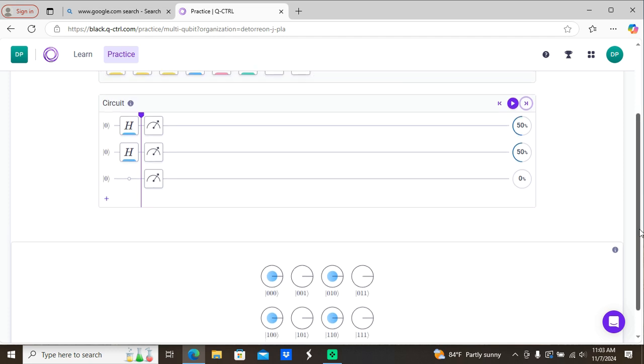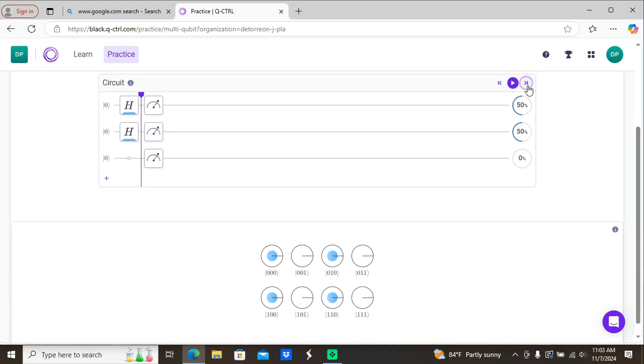Okay, so now let's do the measurement gate for both qubits. Now remember, when you have a qubit in a superposition with the Hadamard gate, there's a 50% chance it goes to either the 0 state or the 1 state. And then you go to the second qubit, same thing.